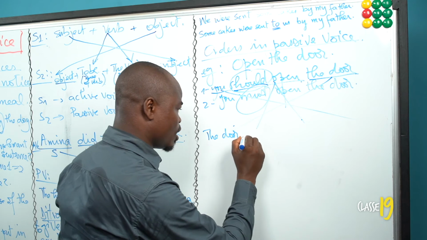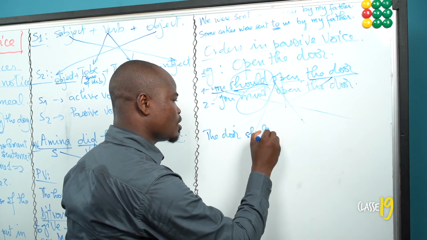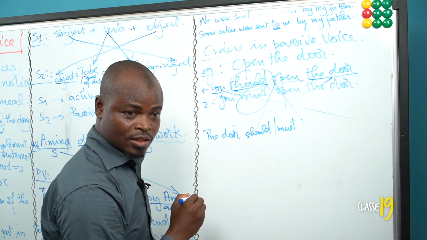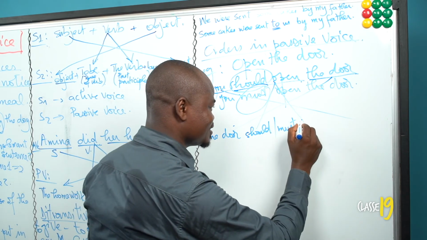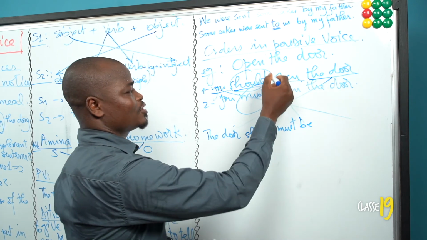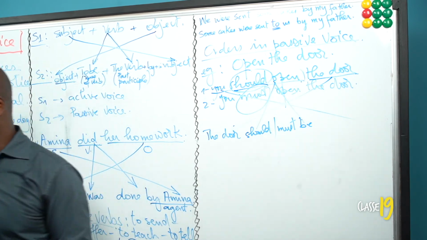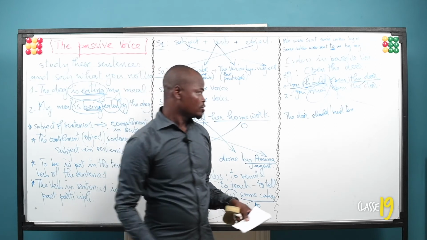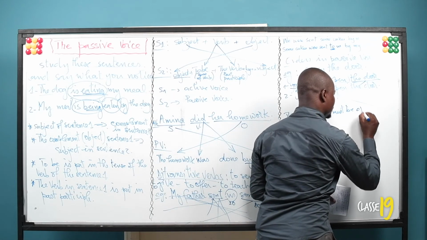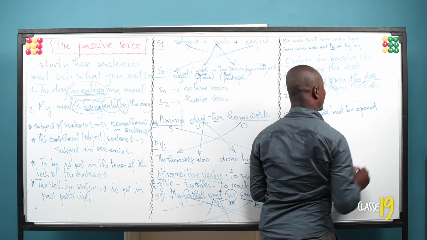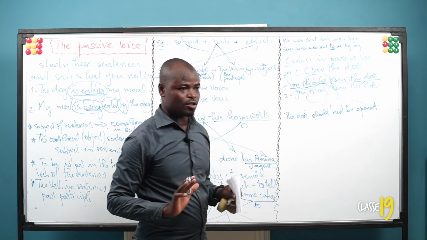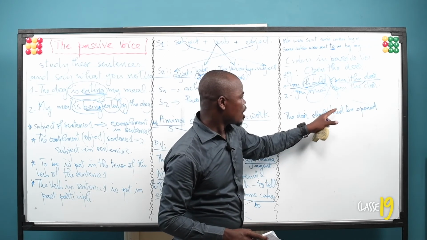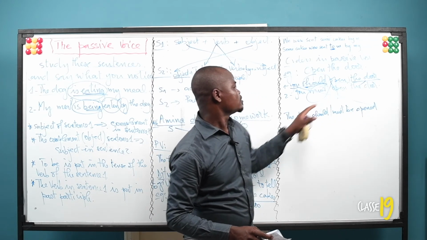So the door should or must, to factorize, be plus the past participle of the verb. The verb here is the verb to open. It is a regular verb. So, opened. Okay? That is the answer. The door should or must be opened.